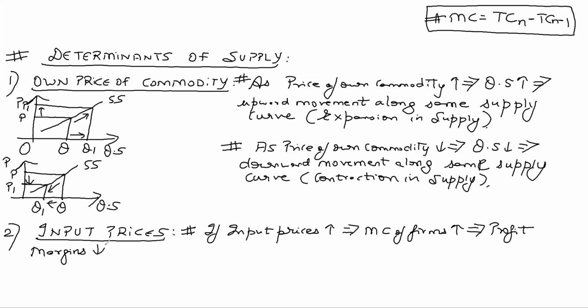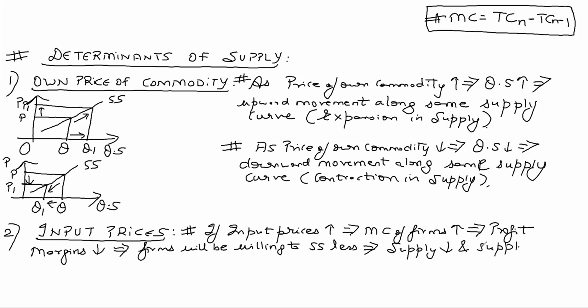Obviously, if your additional cost is going up, your profit margins are going down, which implies firms will be willing to supply less. Firms will be willing to supply less, which implies supply will fall. Supply falls and the supply curve will shift to the left.